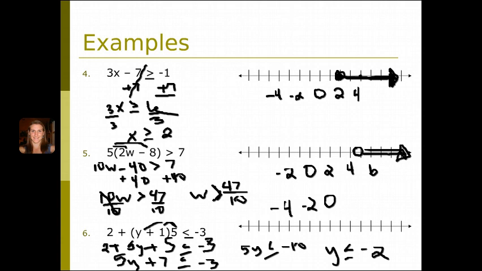It is included, therefore we must close our circle. And we are looking for the numbers less than. Well, -4 is less than -2. So I need to shade my graph farther to the negatives.